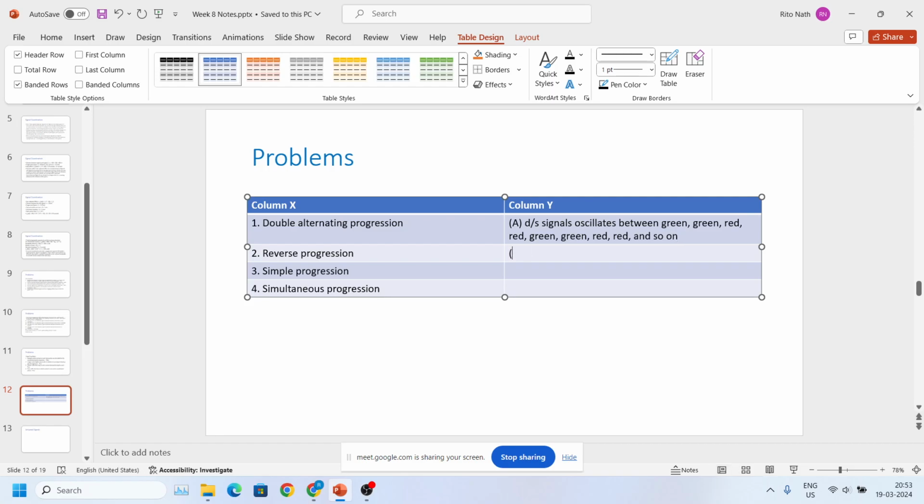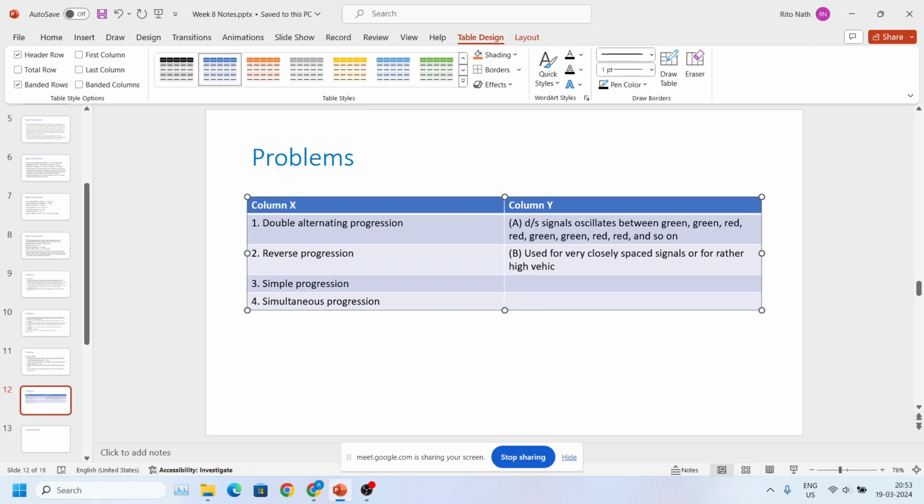This is used for very closely spaced signals or for rather high vehicle speeds.